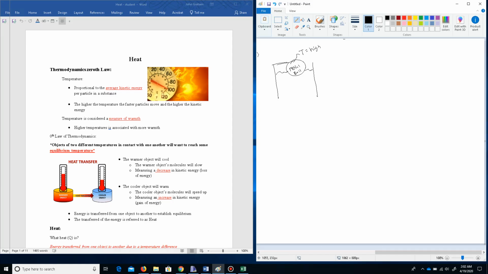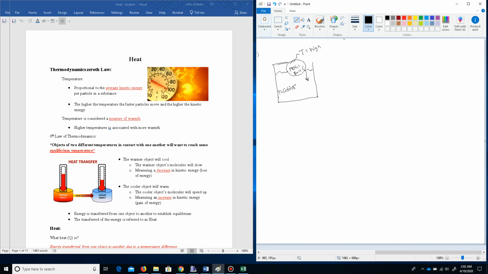And let's say the liquid is colder. So that's its temperature. Okay. Heat from this ball is going to transfer, or I should say energy from the ball is going to transfer from the ball into the liquid until all of this comes to one specific temperature.